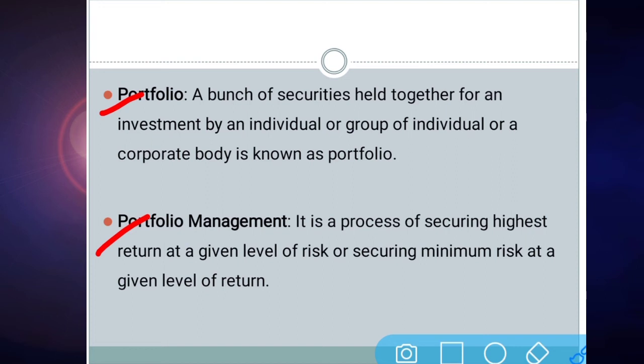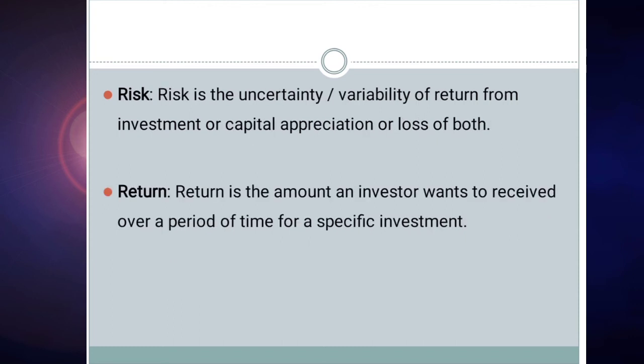So portfolio management is a process of securing maximum return at a given level of risk, or securing minimum risk at a given level of return. If I have targeted some return, then I try to minimize my risk, but I do not want to minimize my return. Or at a certain amount of return I want to minimize my risk. That is called the portfolio management process.